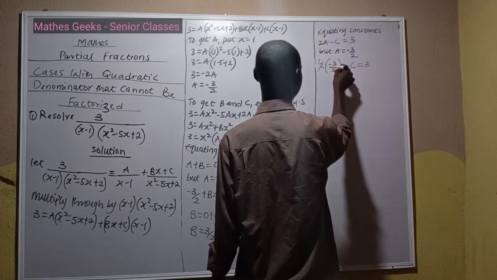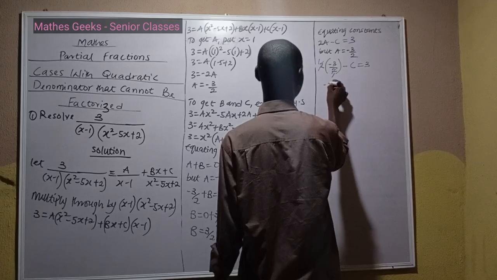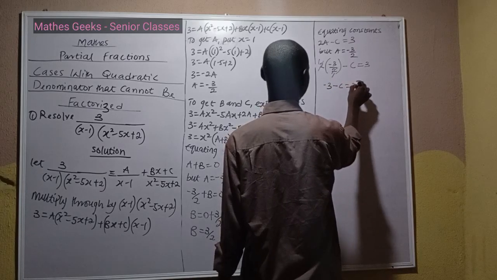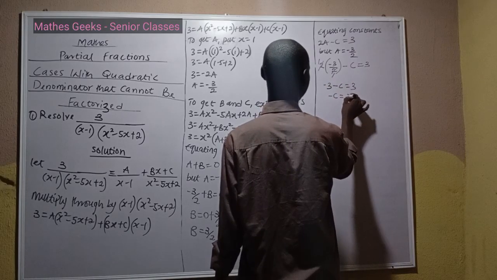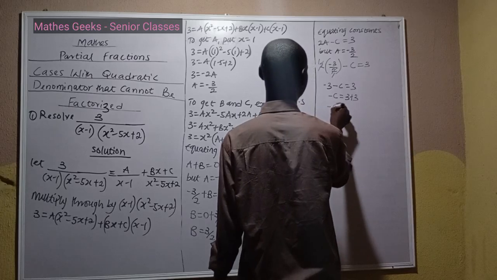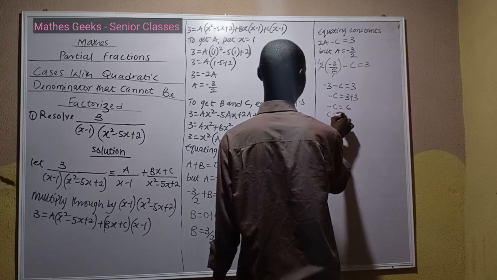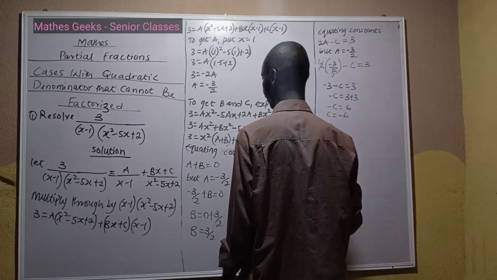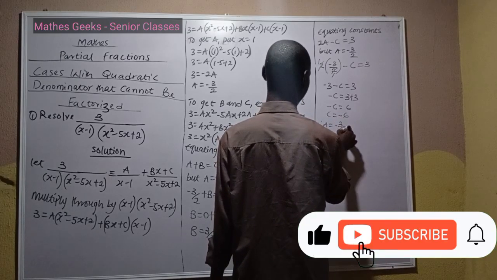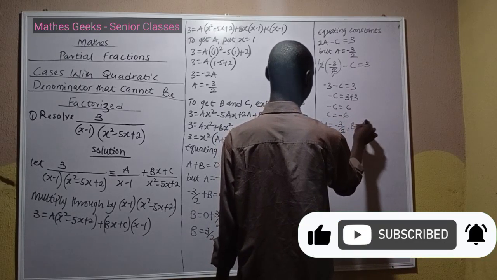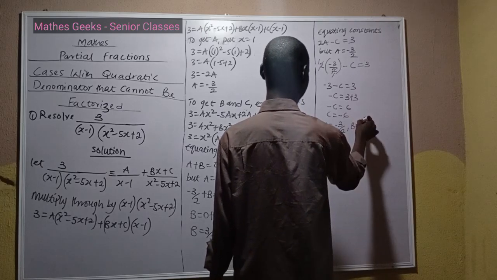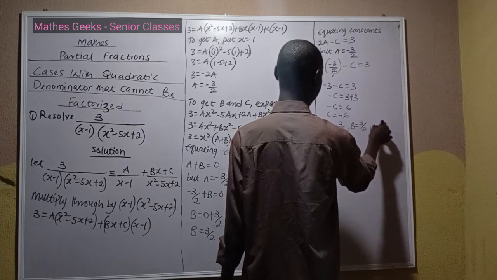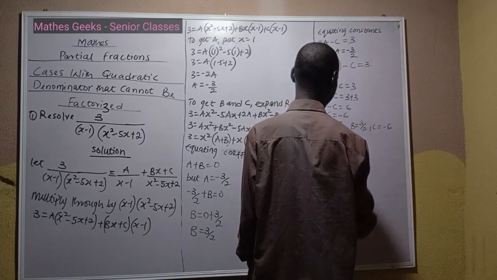This 2 cancels this 2, so we have minus 3 minus c is equals to 3. So minus c is equals to 3 plus 3. Minus c is equals to 6. So c is equals to minus 6. Therefore a is equals to minus 3 over 2, b is equals to 3 over 2, and c is equals to minus 6.